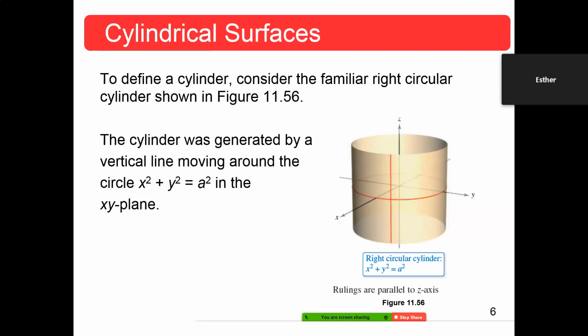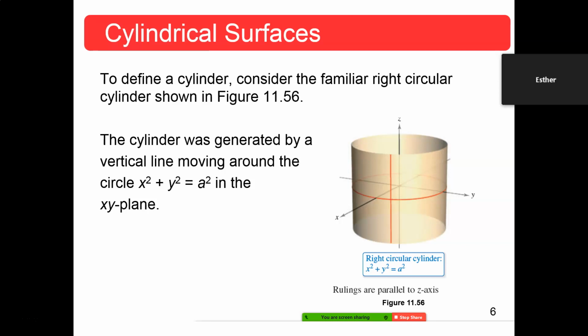What makes it right circular? Well, number one, the circular part means the curve you have here defining this cylinder is a circle. That's why they call it a right circular cylinder. Now, where does the term right come from? Well, this cylinder has an axis that's parallel to one of your coordinate axes.